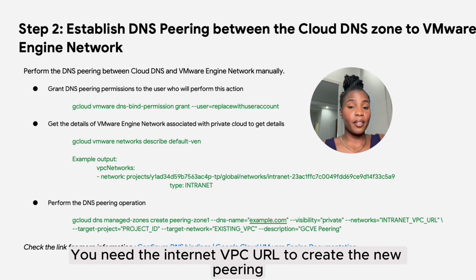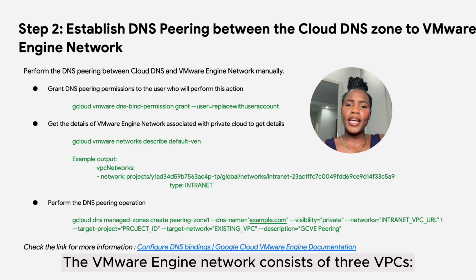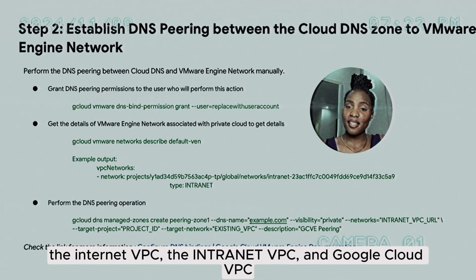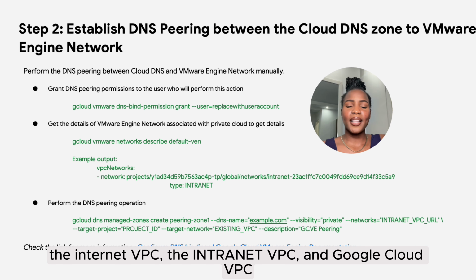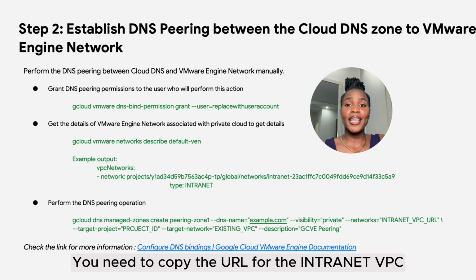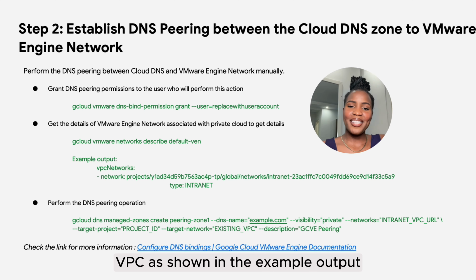You need the Intranet VPC URL to create the new peering. The VMware Engine network consists of 3 VPCs: the Internet VPC, the Intranet VPC, and the Google Cloud VPC. You need to copy the URL for the Intranet VPC as shown in the example output.